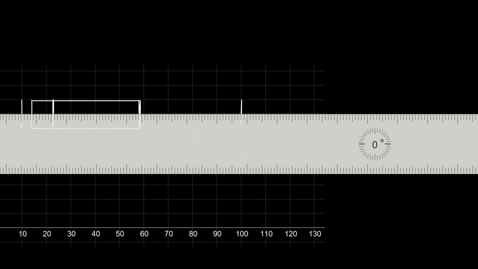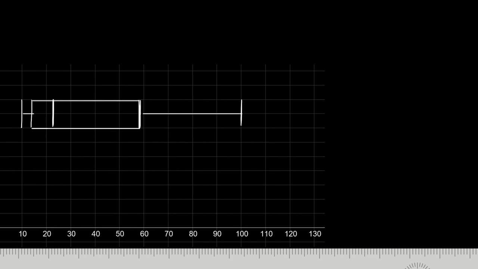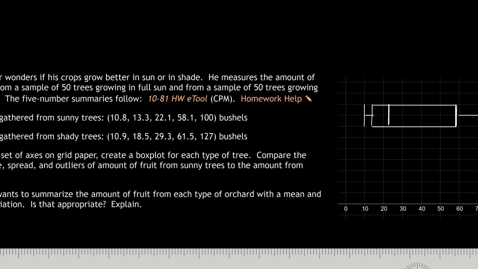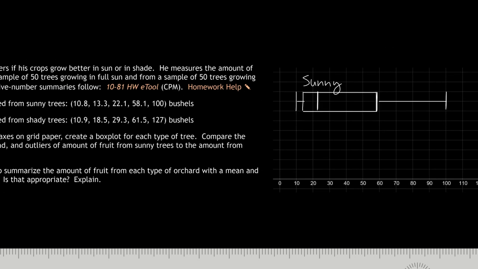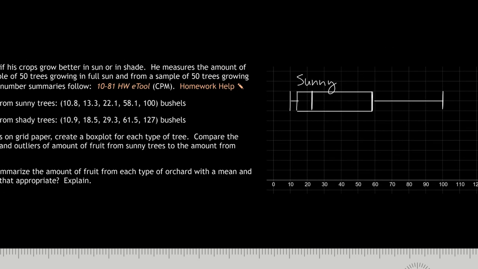You can do so much with just those two tools. There we go. And this one is the sunny. Sunny, S-U-N-N-Y. There's my sunny trees, and then below that, let's do the shady trees.